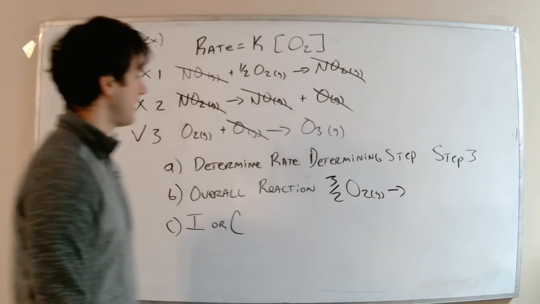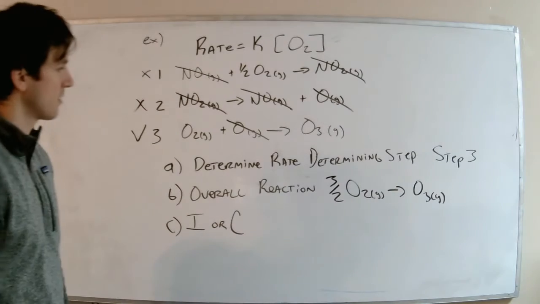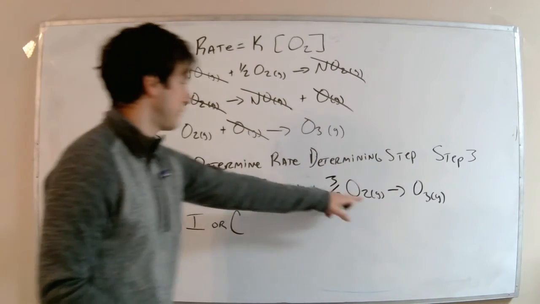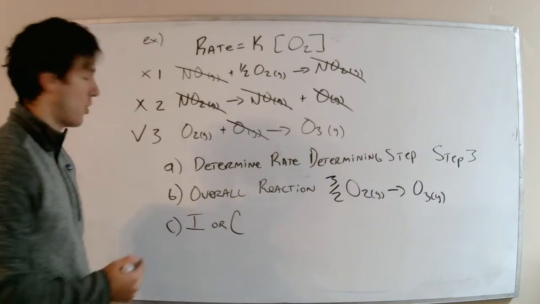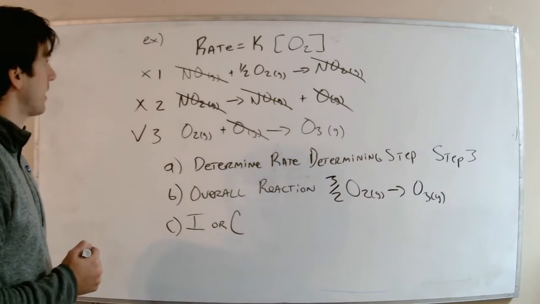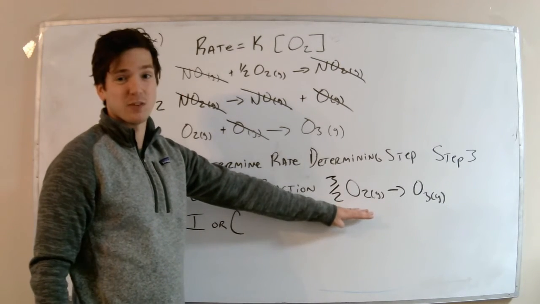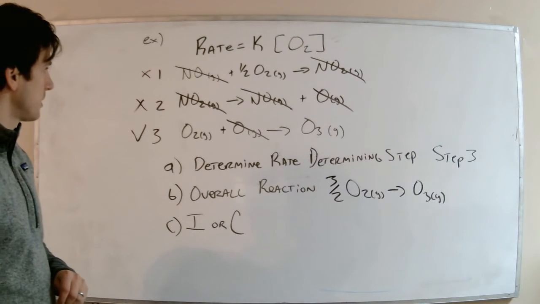And it looks like we've got one ozone, one O3 gas. Let's make sure that matches up. Yeah, it's balanced. 3 times 2 is 6, divided by 2 is 3 oxygens. We've got 3 oxygens over there. And that's good, right? Because in our overall reaction, anything on the reactant side does have to be in the rate law, which it shows up right there.